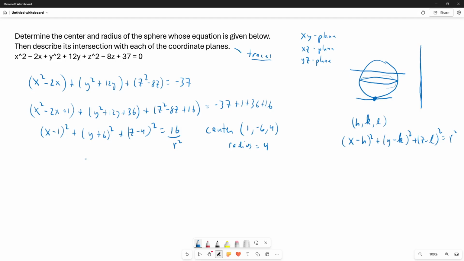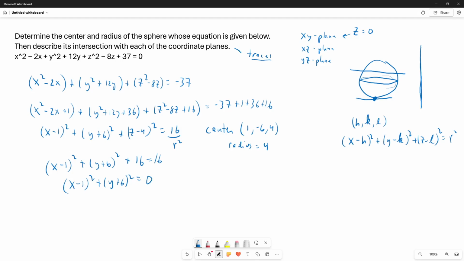Okay, now let's find the traces. What is the intersection of this sphere with the xy plane? In the xy plane, z is equal to 0. So we will put z equal to 0, and we get (x minus 1) squared plus (y plus 6) squared plus negative 4 squared is 16 equals 16. And we get 0.